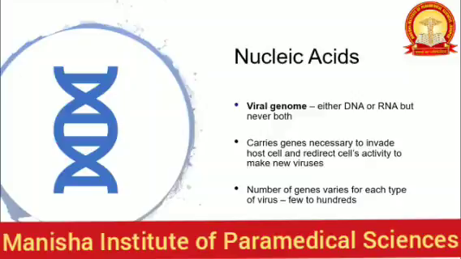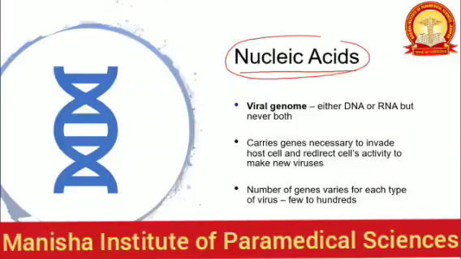Now, we've talked about the envelope and capsid. But what about the core? The core part of a virus is definitely required. Without this part, the virus is not a virus itself. It is the nucleic acid, the makeup of the nature of the virus itself.